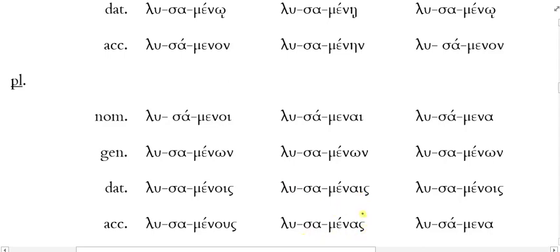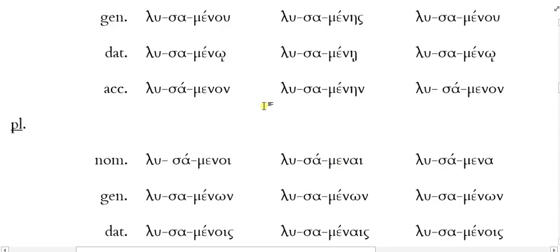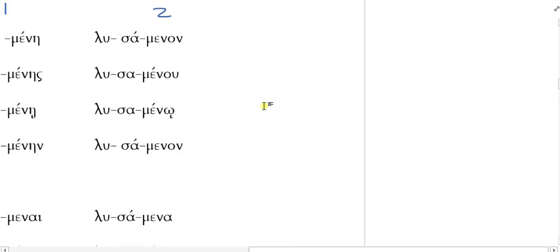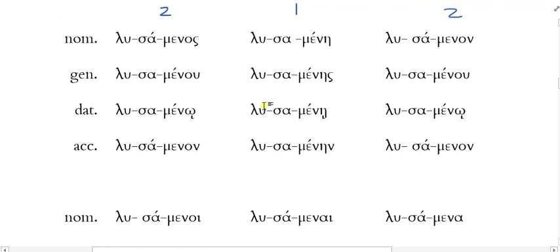Notice that you can tell the difference between the accusative plural feminine and the genitive singular feminine by the eta compared to the alpha, right? See that? In the plurals, our etas always become alpha.